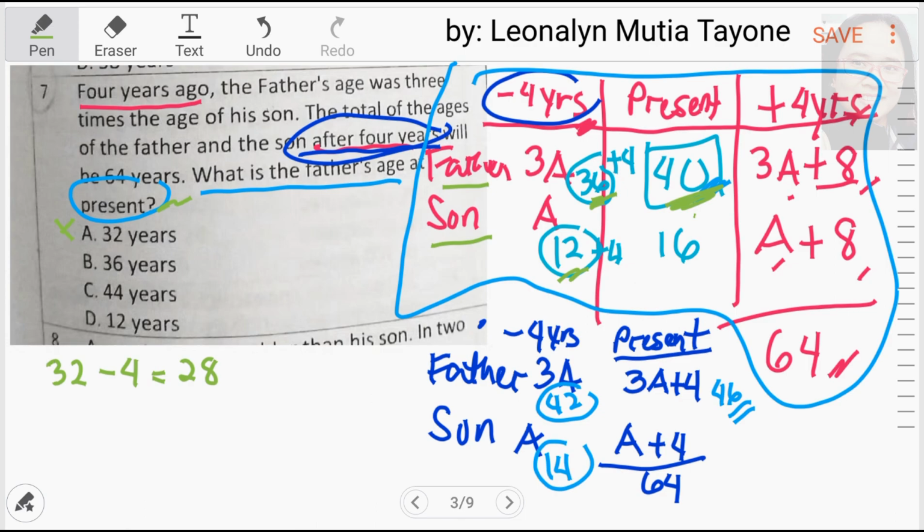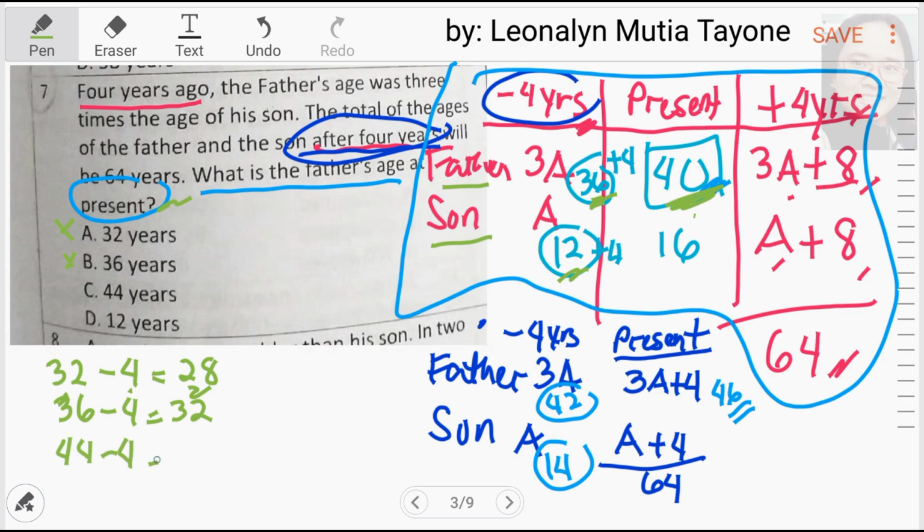Ganon. So, si 32 minus 4 equals 28. 28 ang edad ni father 4 years ago. Ngayon, ang 28, ma-divide ba ng 3 para sa edad ni son? Hindi. Next, 36 minus 4, and that is 32. Hindi rin ma-divide ng 3.